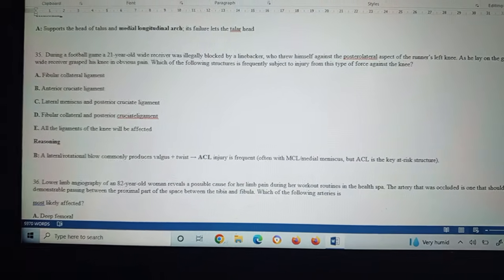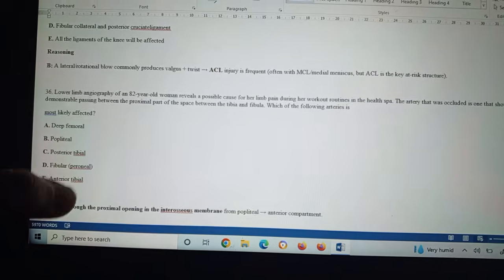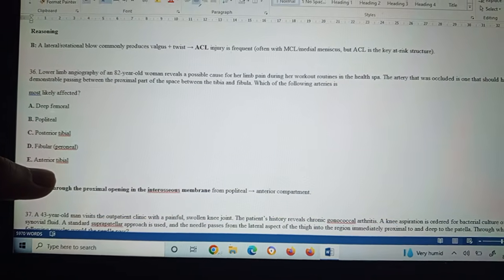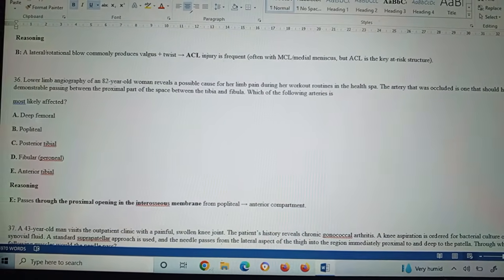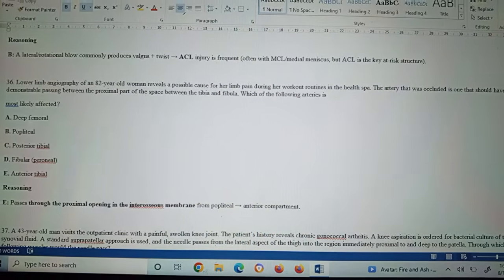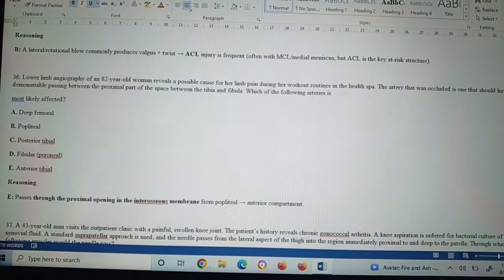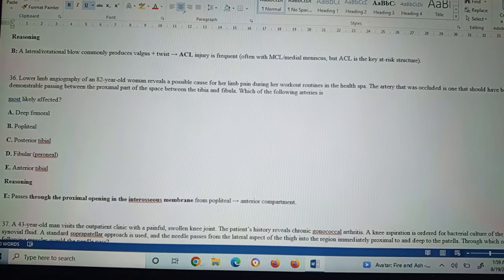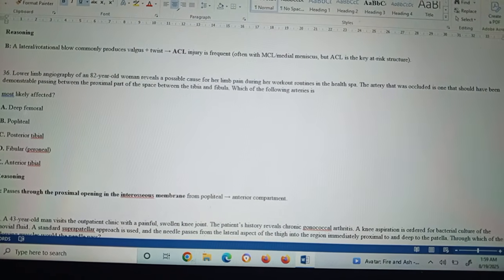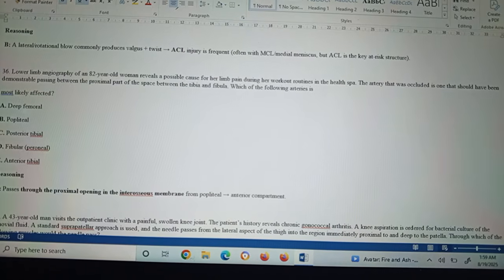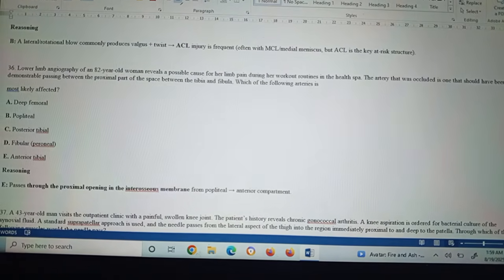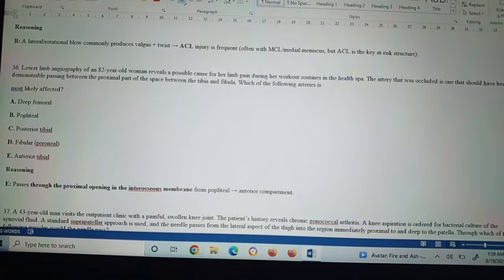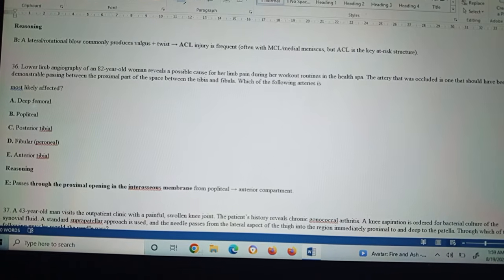Question number 36. Lower limb angiography of an 82-year-old woman reveals a possible cause for her limb pain during her workout routines in the health spa. The artery that was occluded should have been demonstrated passing through the space between the tibia and the fibula.